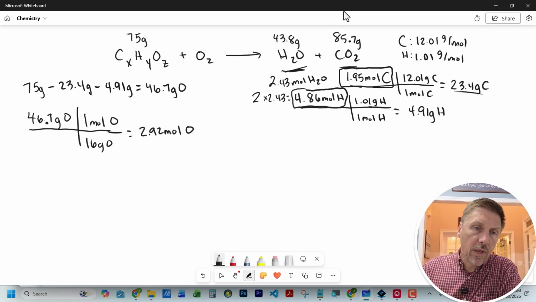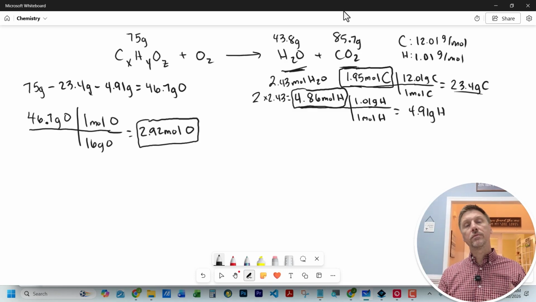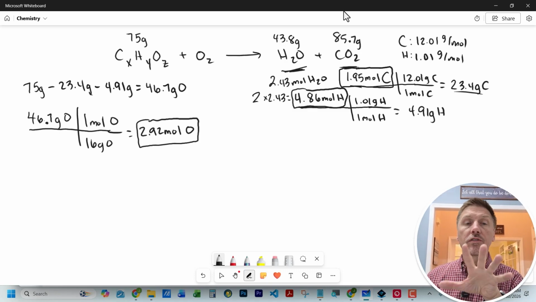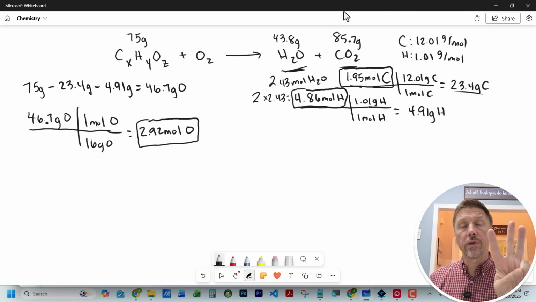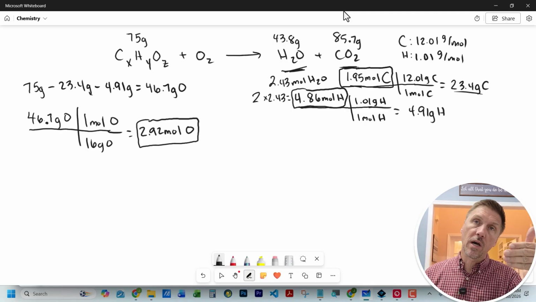Now, if you remember with our last problem, I said what you do when you're figuring out the ratio of the atoms is you always put the bigger number on the top, okay? But notice for this one, we don't just have 2 elements in our compound, we have 3. And so we're going to have to do 2 ratios, and in each of those ratios, we're going to put the bigger number on top.